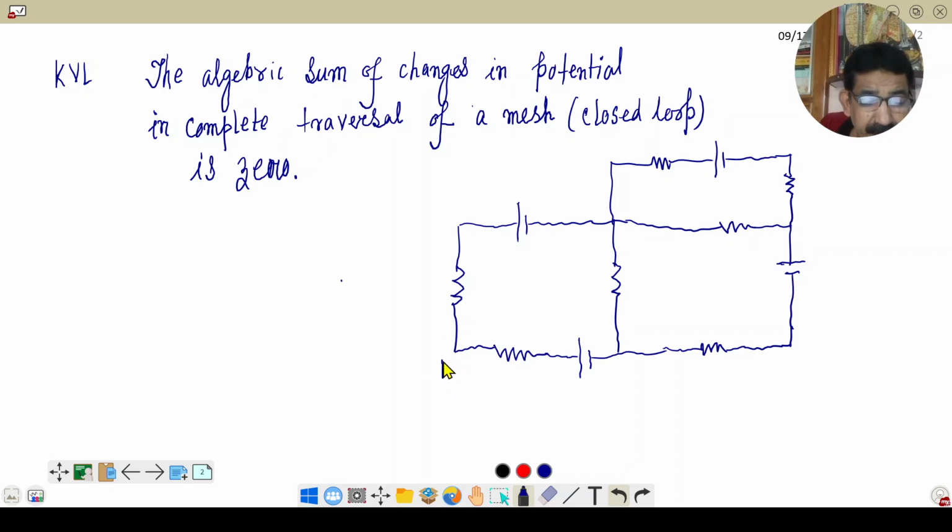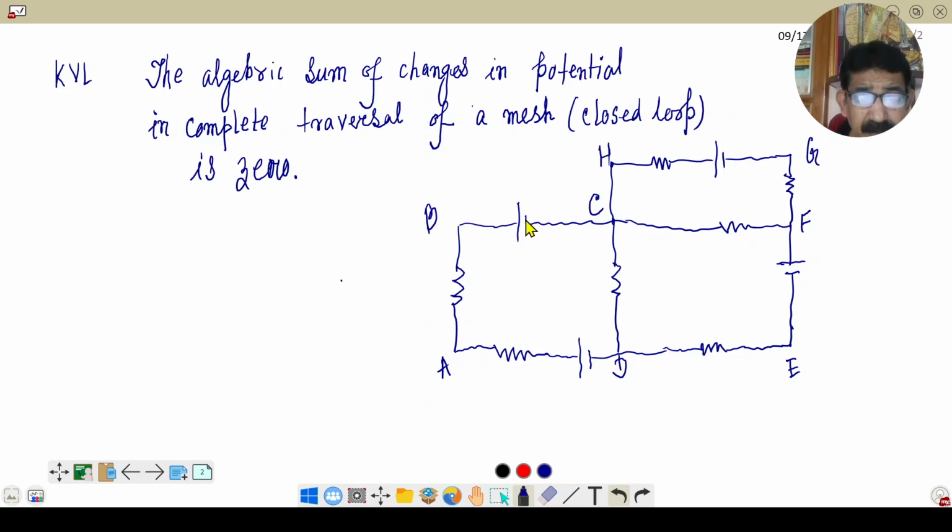Now A, B, C, D, E, F, G, H. These are the names of different points of the circuit. So this is a complex circuit.